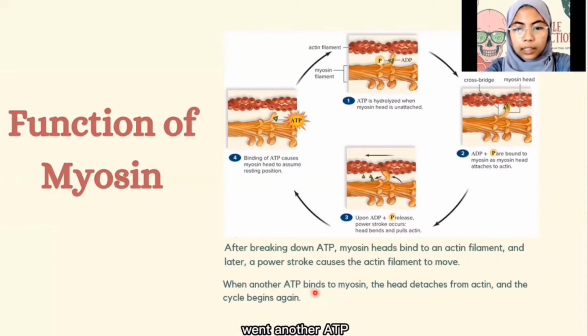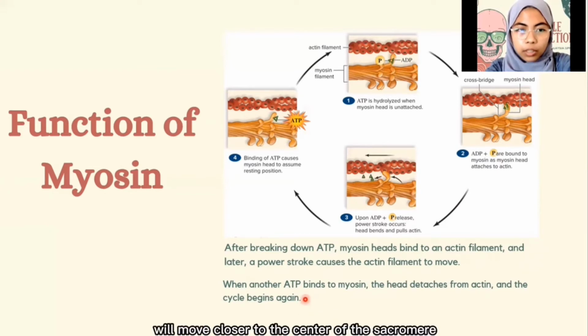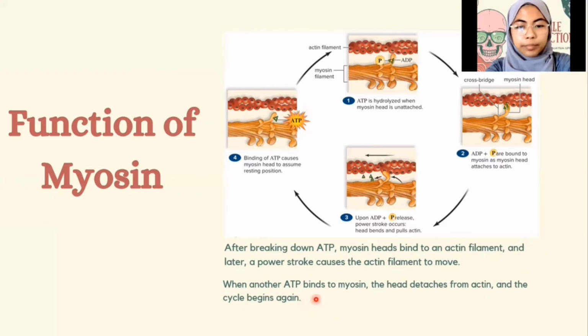Now when another ATP binds to myosin, the head detaches from actin and the cycle begins again with the presence of the calcium ion. So the cycle will repeat and the actin filament will move closer to the center of the sarcomere. That's all from me. Thank you. To the next presenter.